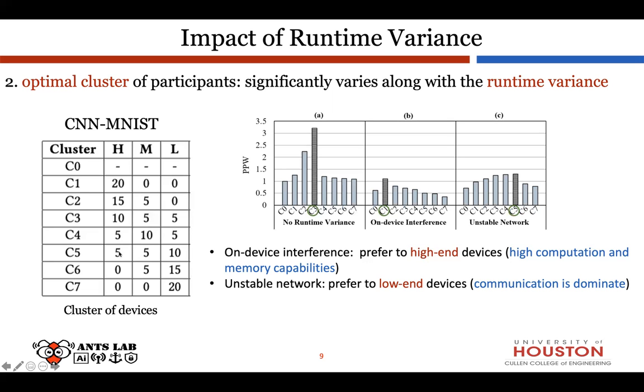Actually, you don't need to know that, but you should know how to explain why preferring high-end devices is better in some cases, and why with an unstable network you should prefer low-end devices, right? So we have some explanations on this selection.